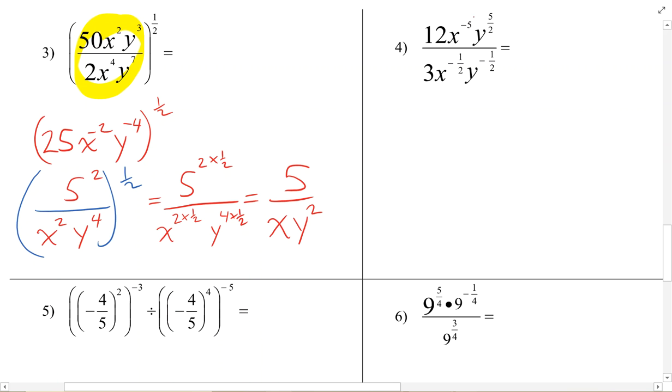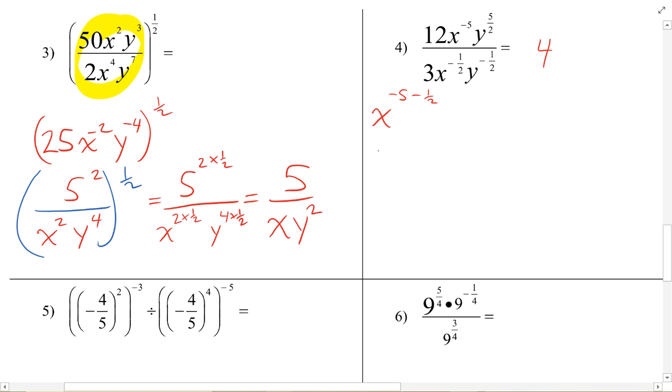So we can go 12 divided by 3. What's 12 divided by 3? 4. Then what's x? So it would be negative 5 minus 1/2.